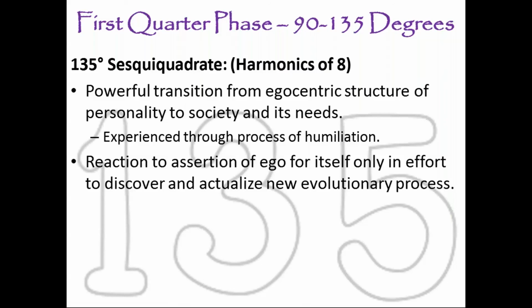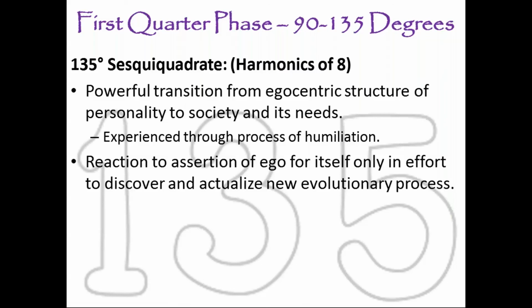what society may need. We'll learn in next month's class that the gibbous phase contains the gibbous inconjunct, the 150-degree aspect, which is everything that makes up that gibbous phase.